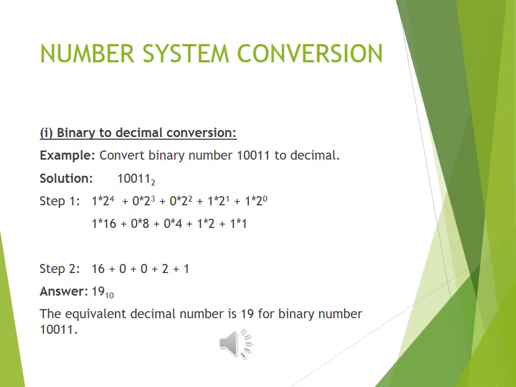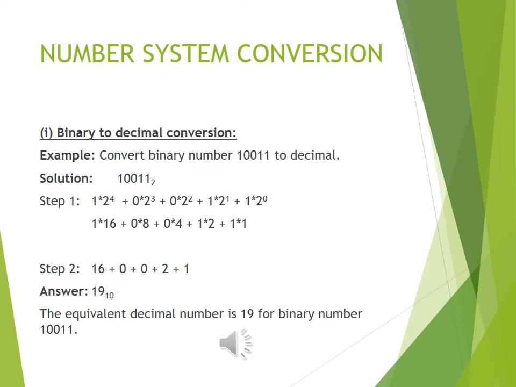Now we are going to convert a binary number into decimal number. We have 10011 in binary number and we have to convert it into decimal number. As we know that we have to do a multiplication to convert into a decimal number.